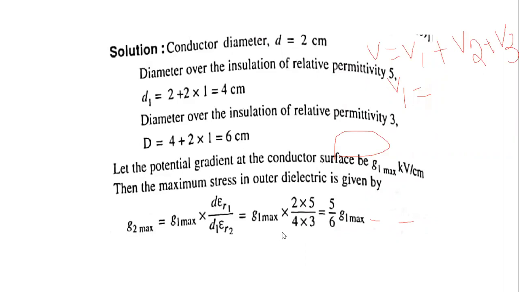Then we substitute all the values in this formula, and we obtain the G2 max. Therefore G2 max is equal to 5 by 6 into G1 max. Next, coming to the next problem.